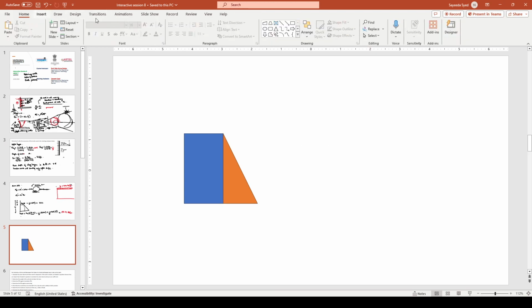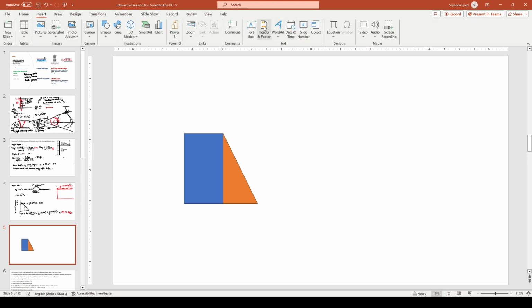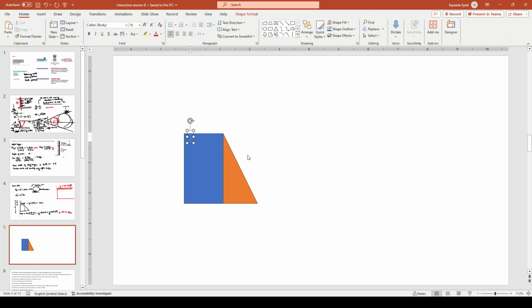Okay, so this is 73.3 pound per feet square.